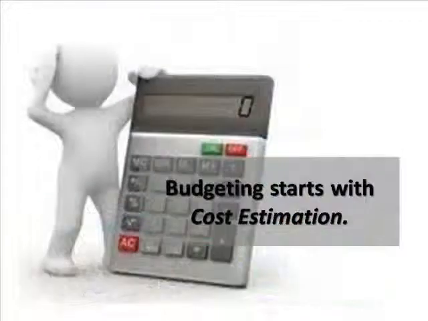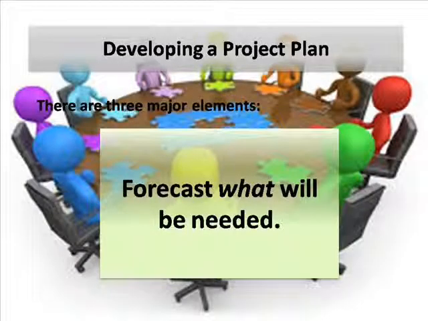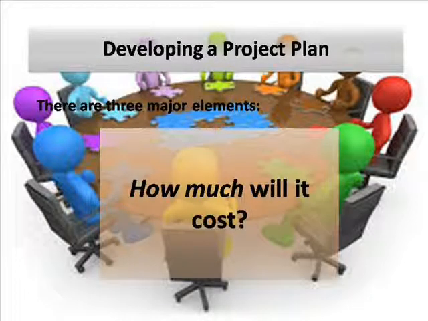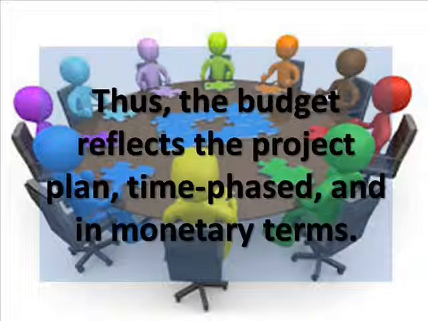Okay? So budgeting starts with cost estimation. Of course, we start with a forecast of what will be needed, how much in terms of cost, okay, and also when will it be needed. So all of this will make up a budget.